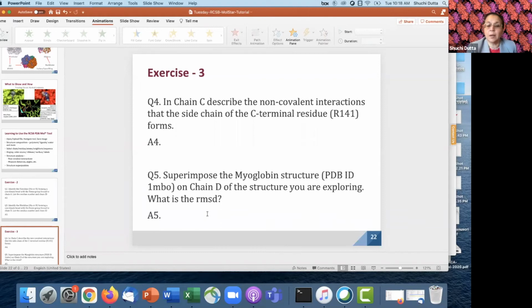Myoglobin is a monomer, it's happy to be a monomer. Hemoglobin is a tetramer. And so I don't know how many of you saw the comment that Stephen made that Irving Geist thought that hemoglobin was myoglobin times 4, but that's really not the case. But let's see how similar or different they are.